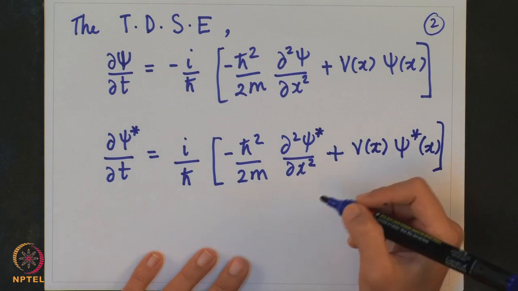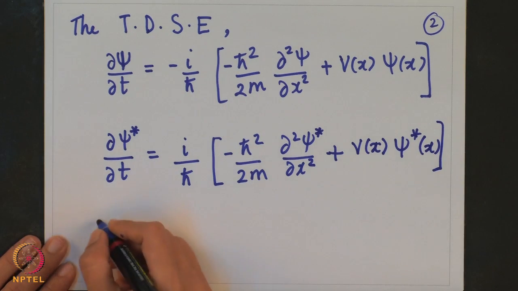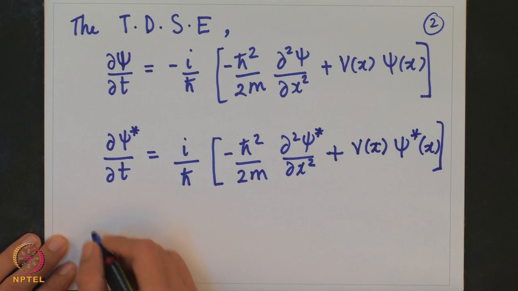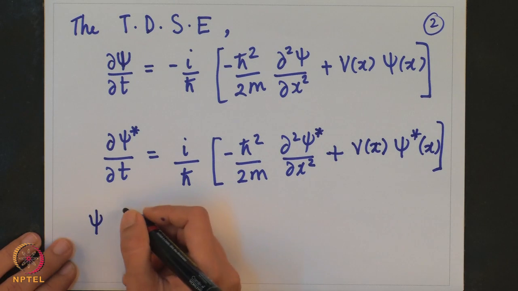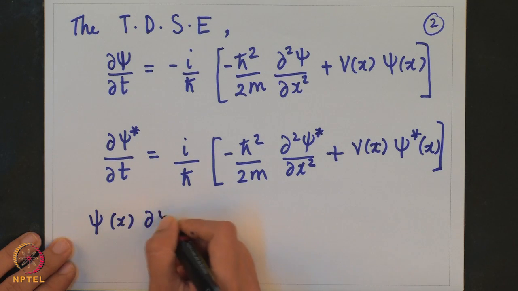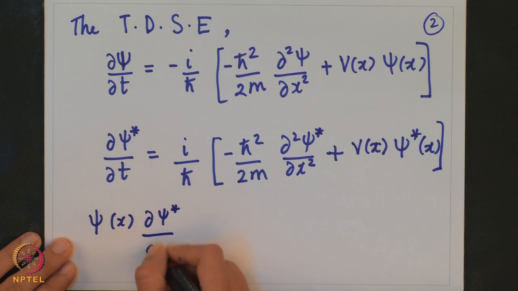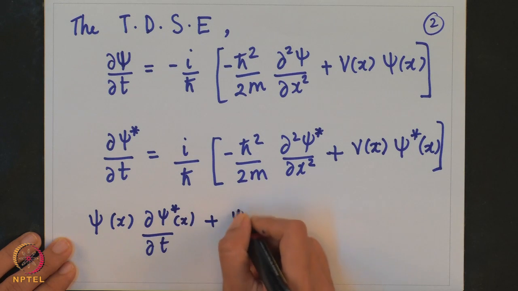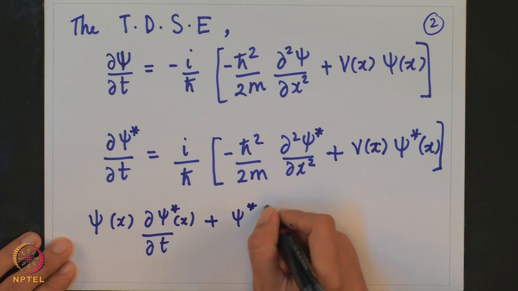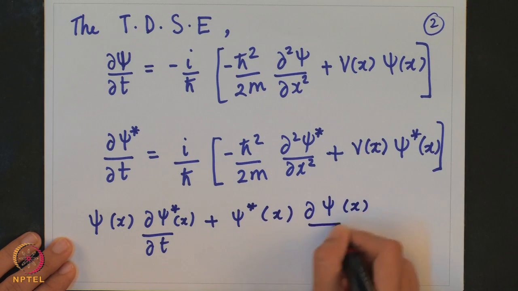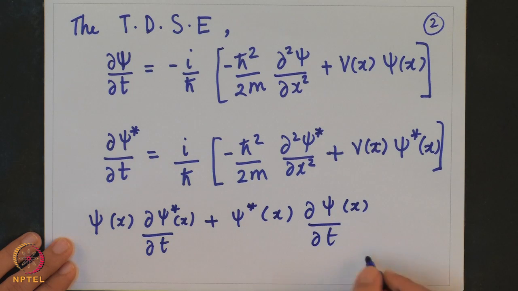Now, what we have to do is write this in the form of the current density. So, what was the expression for the current density? It was of this form: psi of x dou psi star by dou t plus psi star of x dou psi by dou t. You have to evaluate this.